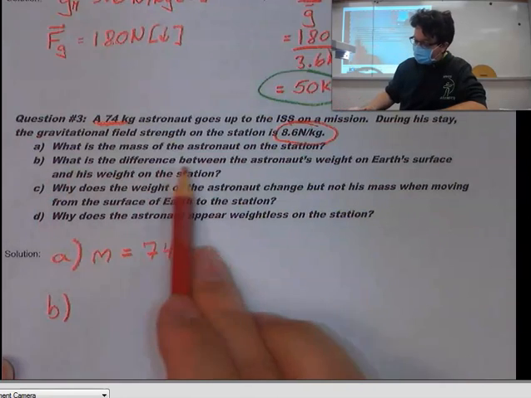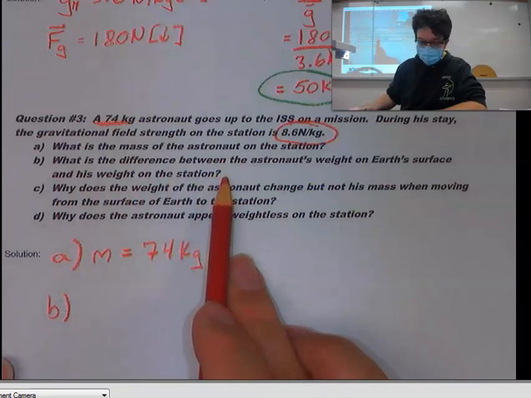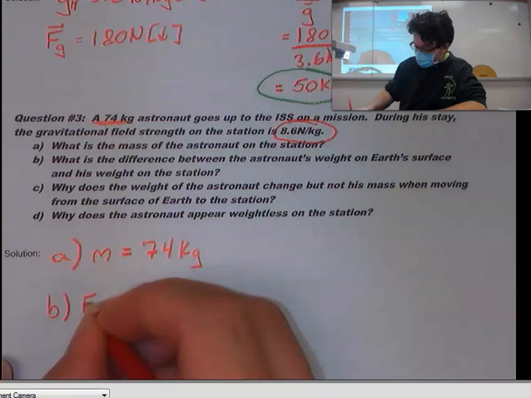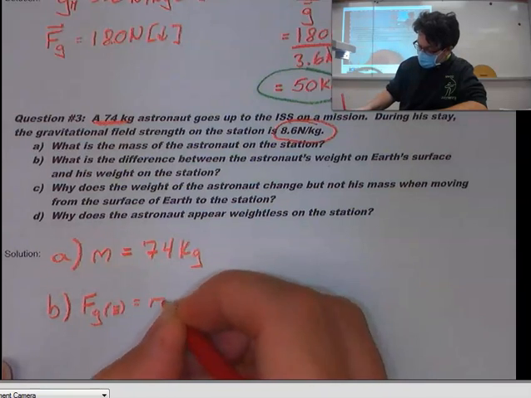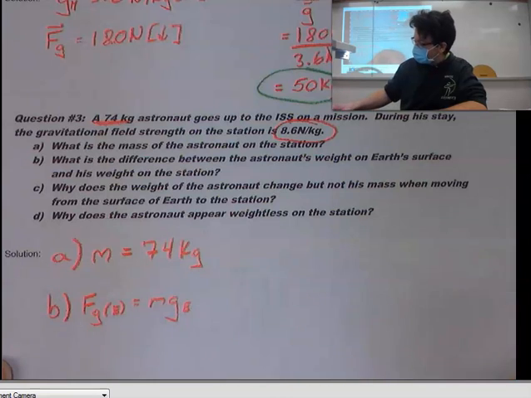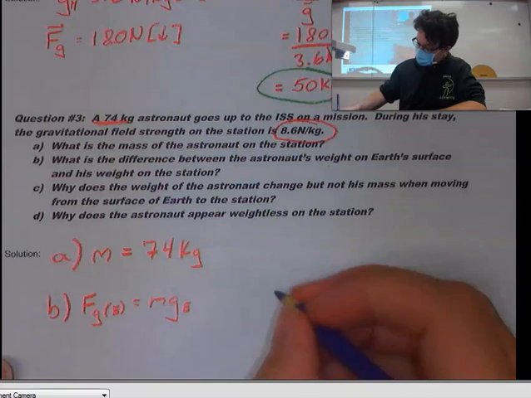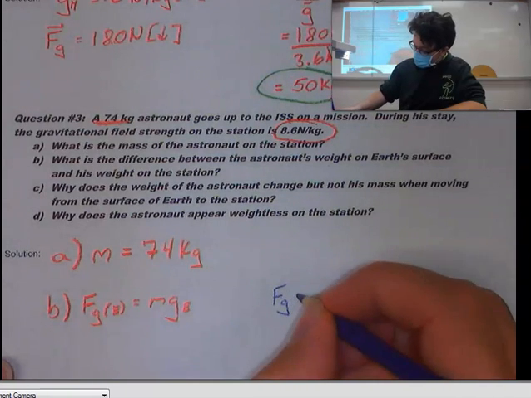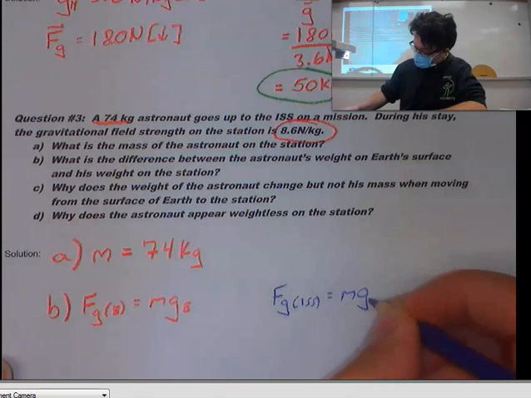Next it says, what is the difference between the astronaut's weight on Earth's surface and his weight on the station? So in this case, we're going to calculate both. We can calculate Fg for the Earth, which is mg for the Earth, and we can compare that with Fg, which is weight again, for the ISS, which is m times g for the ISS.